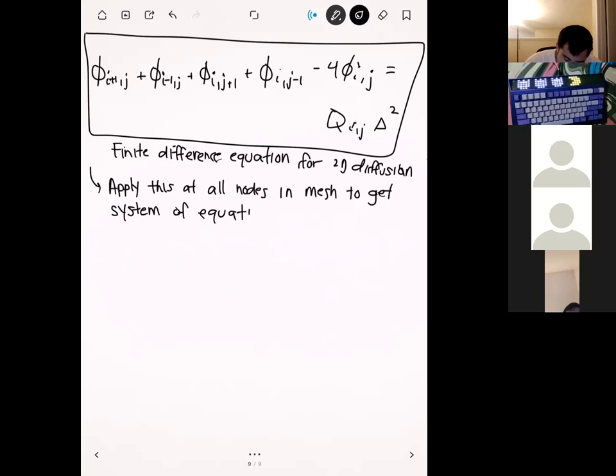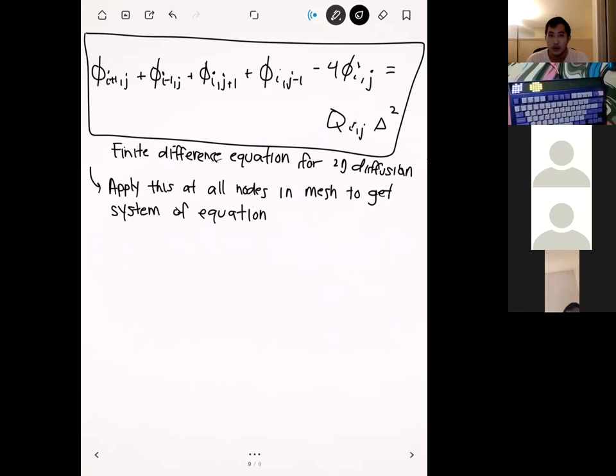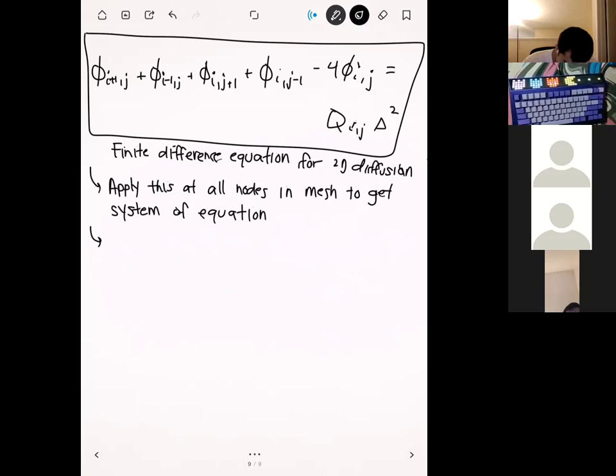And what you'll see is that you'll be able to apply this equation to all of the interior nodes, but the nodes that are on the boundary, you won't be able to apply this. But we'll talk about the boundary conditions in a bit, because boundary conditions is another thing that's going to be pretty complicated. And so another name that's given to this type of equation here is the 5-point stencil.